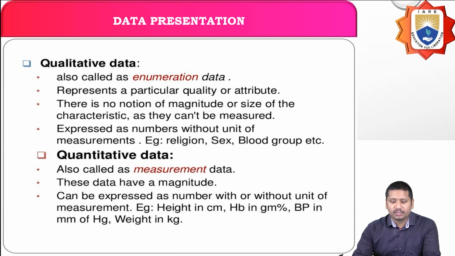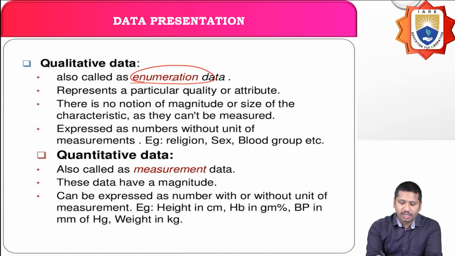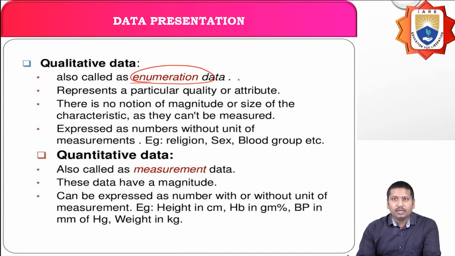Next, qualitative data. Qualitative data is also called enumeration data, and it represents a particular quality or attribute.